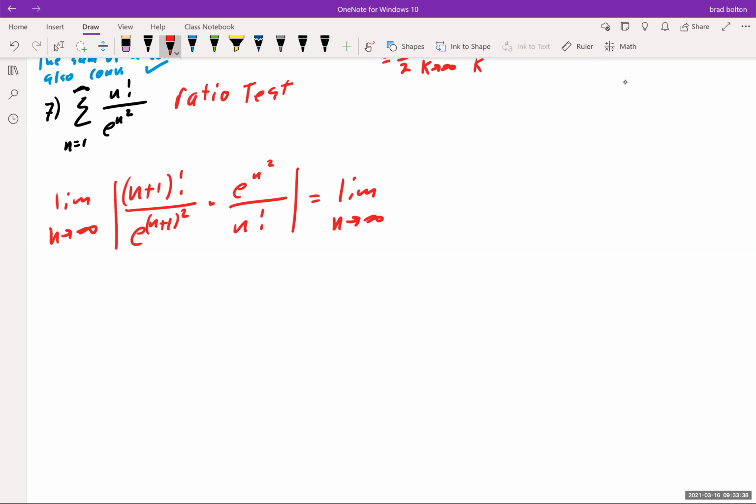Okay, so let's see what happens. So let me write out a little bit. And again, the absolute values are unnecessary because everything's positive. So this just becomes n plus 1 times n minus 1, right? Dot, dot, dot, e to the n squared.